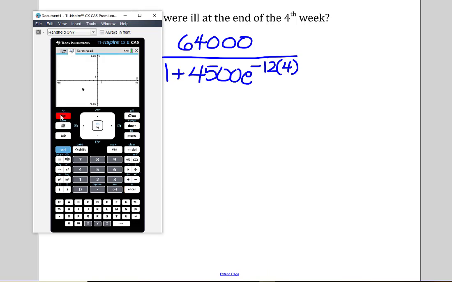Whoop, not there. 64,000 and 1 plus 4,500 e to the negative 12 times 4, or negative 48 power. Let's put a decimal in there.